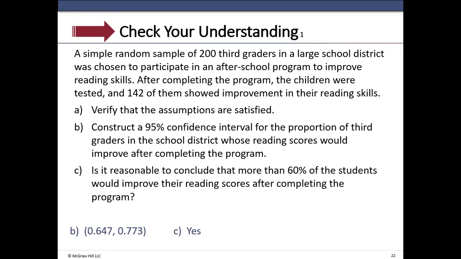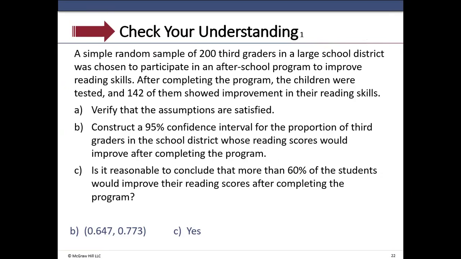Notice the sample proportion of 0.71 falls in the center between 0.647 and 0.773. Why is that? Because from the sample proportion, you go to the left by a margin of error, which is the critical value times standard error, and that is 0.647. And from the center, which is the sample proportion 0.71, you add the same margin of error on the right and you get 0.773.